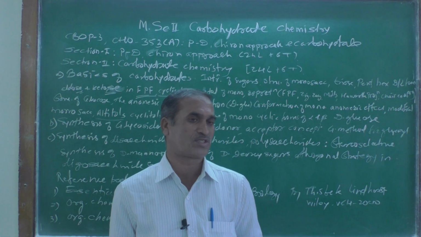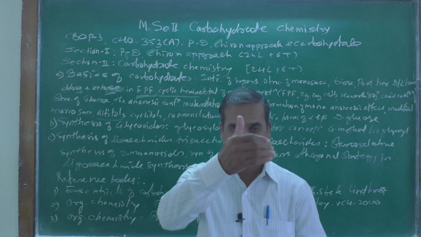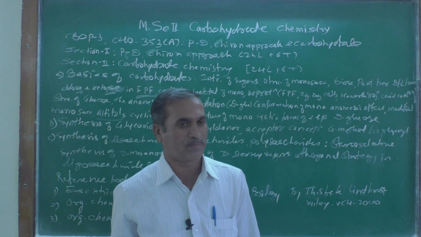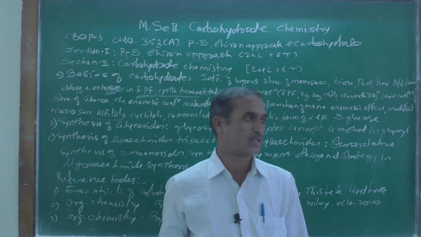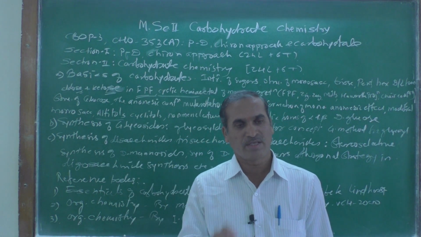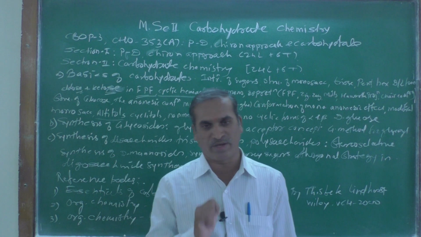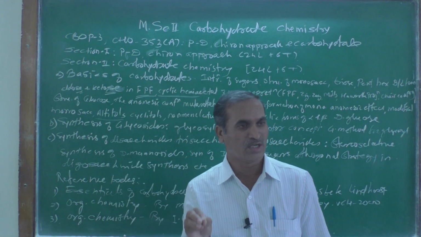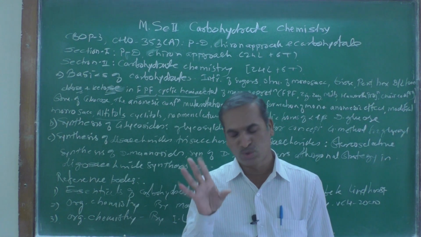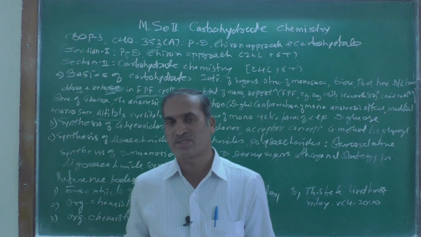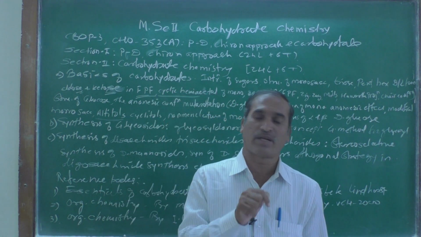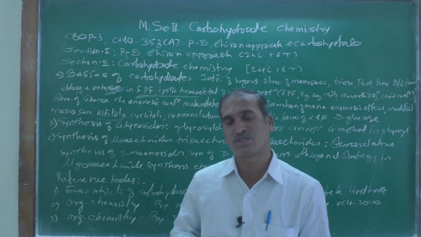If you draw the structure on the basis of the Fischer projection formula, you write the CHO group at the top and CH2OH at the bottom. According to our definition, carbohydrates are polyhydroxy aldehydes or ketones, meaning the aldehyde group gets reacted with a hydroxy group.